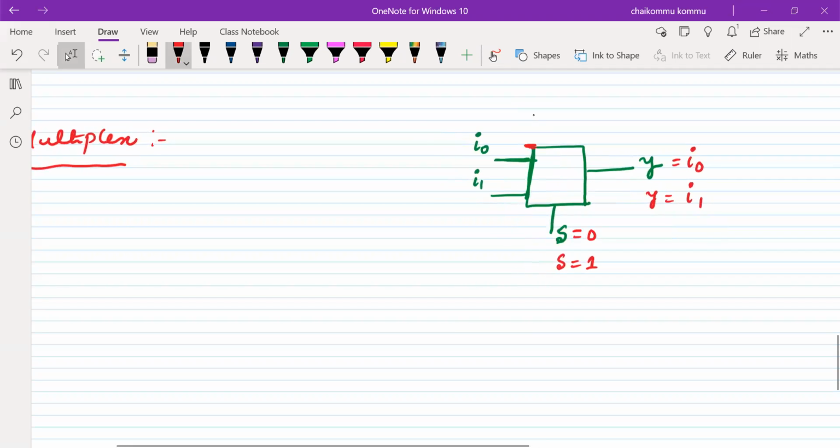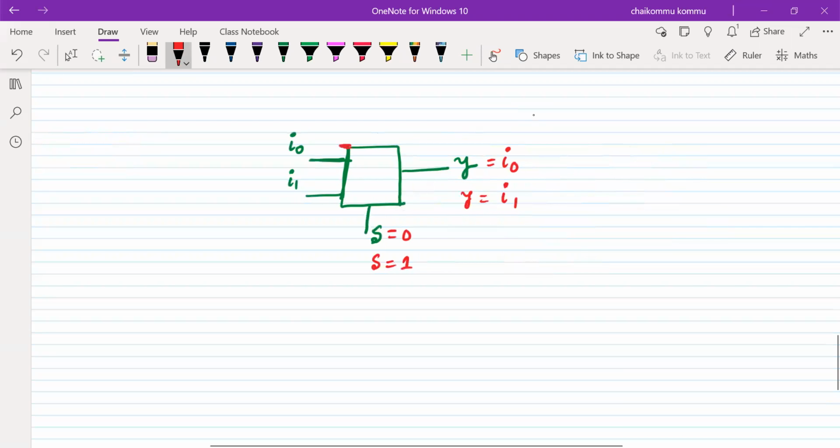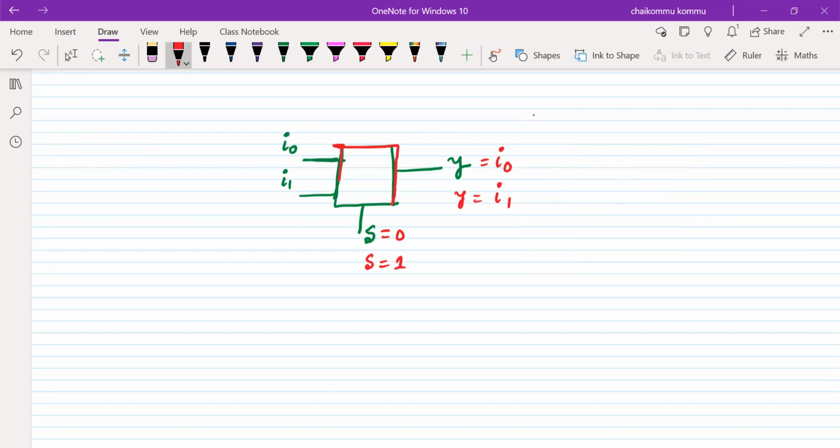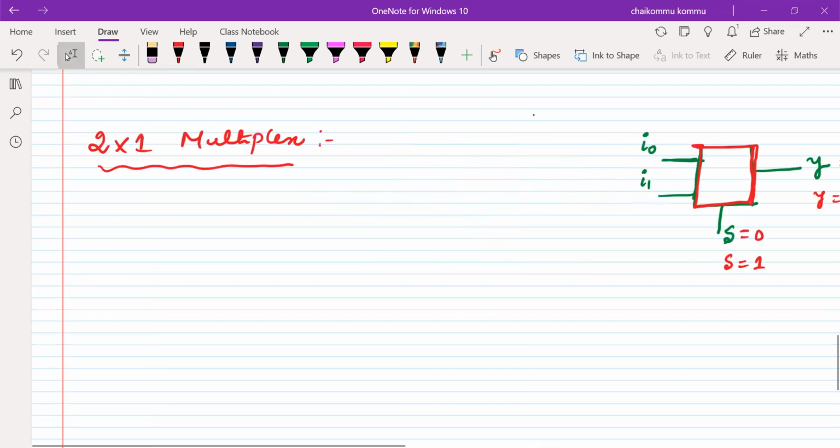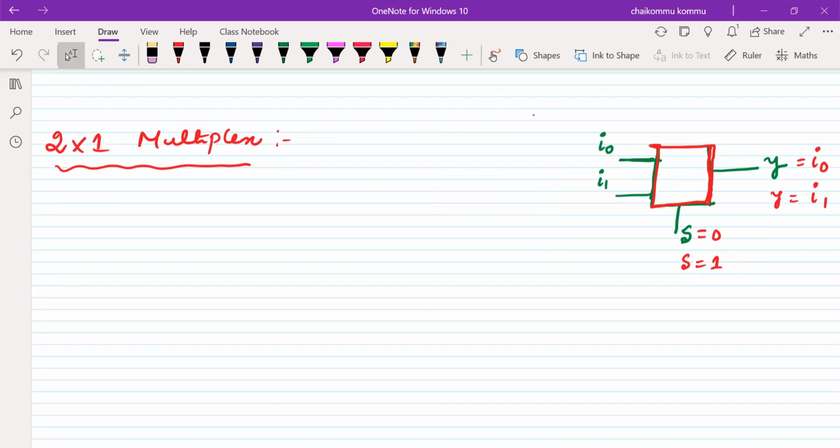Okay, so if you want to write a gate-level modeling, a gate circuit is required for that. Okay, so everybody knows from this truth table.